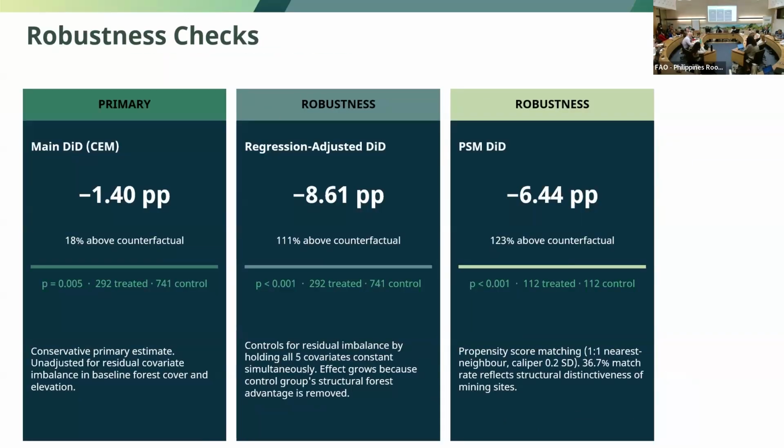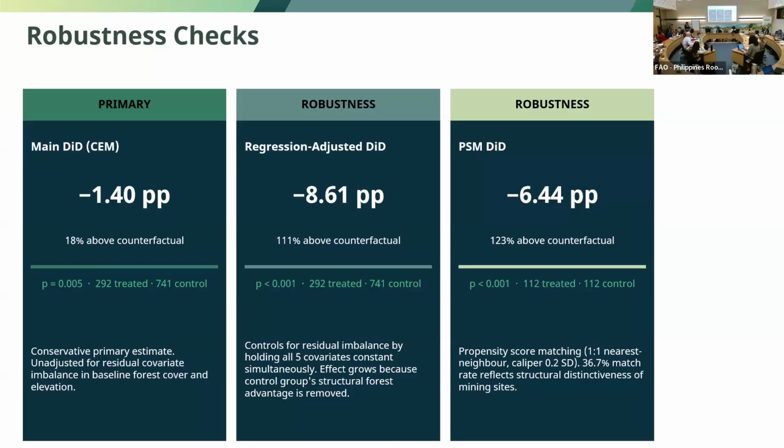We did a robust check, using the regression adjusted DID and then the propensity score matching, and those were the estimates that we got in terms of percentage points above the counterfactual.